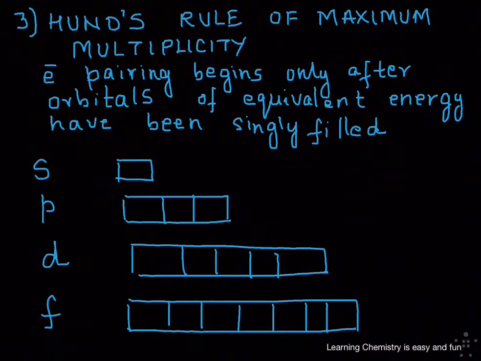Coming to the next principle, which decides the electronic configuration of the elements. It is called Hund's rule of maximum multiplicity. Simple.